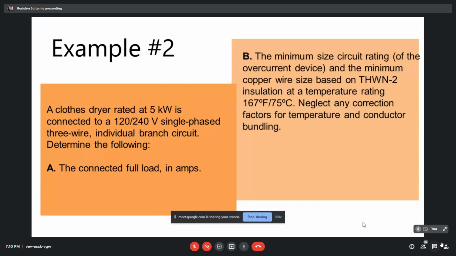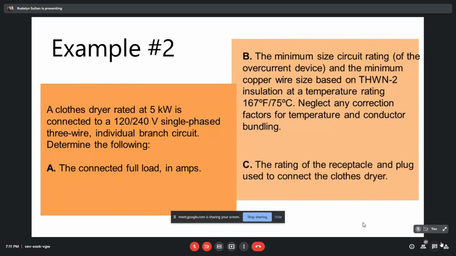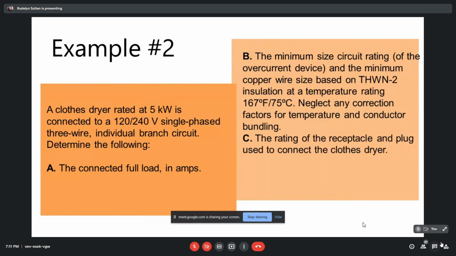B. The minimum size circuit rating of the overcurrent device and the minimum copper wire size based on THWN-2 insulation at a temperature rating of 167 degrees Fahrenheit or 75 degrees Celsius. Neglect any correction factors for temperature and conductor bundling. And letter C, the rating of the receptacle and plug used to connect the clothes dryer.